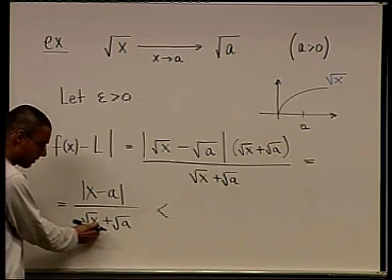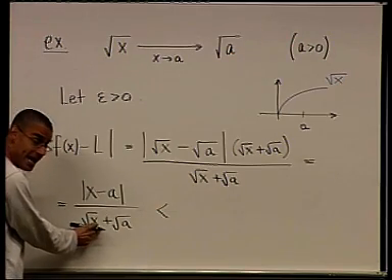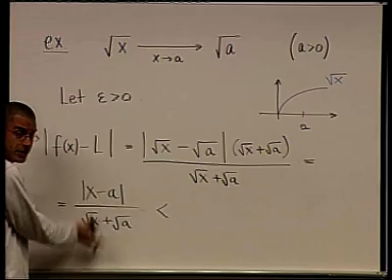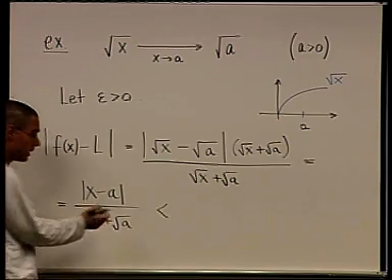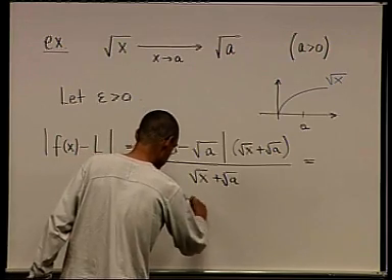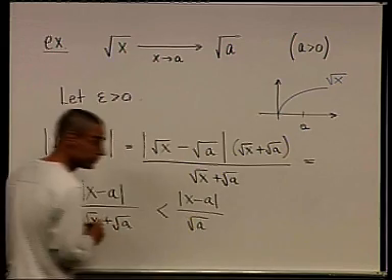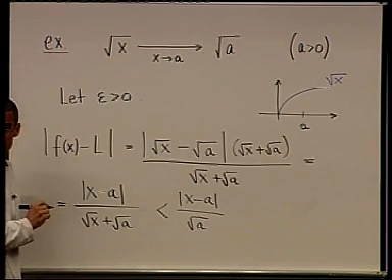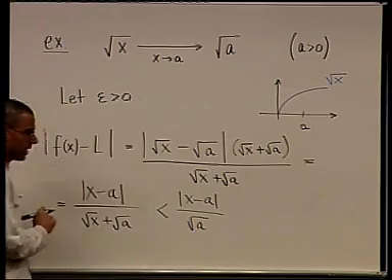Because this thing is something positive. If I make the denominator bigger by adding it, I make the fraction smaller. So if I remove it, I make the fraction bigger. Does everybody agree to this inequality? Yeah. Everybody? Good. So now this root x is out of the way.